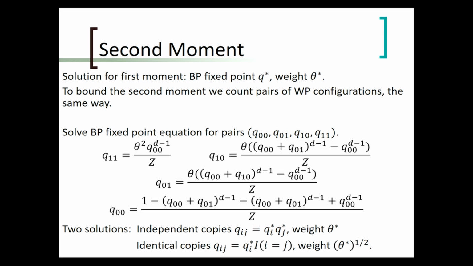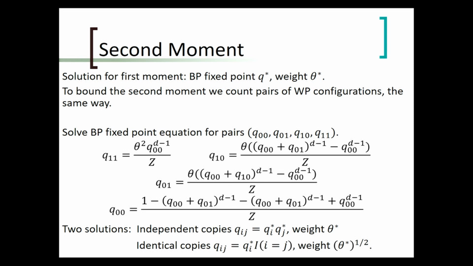And it's really that property that means that the second moment method will work, because when you look at the second moment, there'll be a contribution from two fixed points, one that corresponds to independent-looking pairs of solutions, and this will give you the first moment squared, and another that corresponds to just pairs of completely identical ones, and this will give you just the first moment.